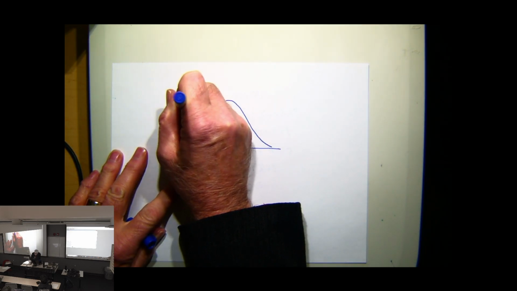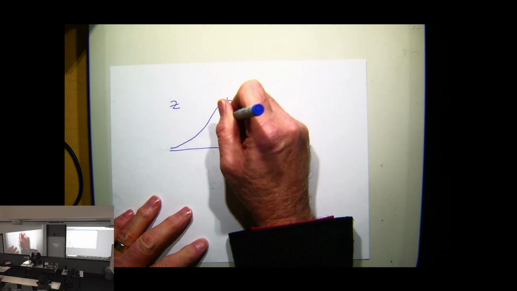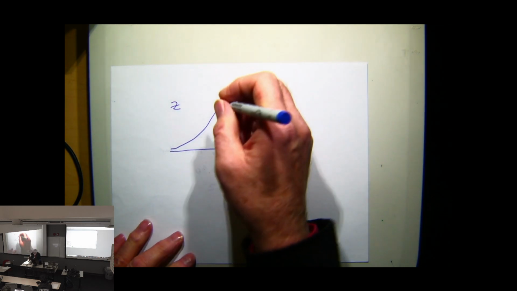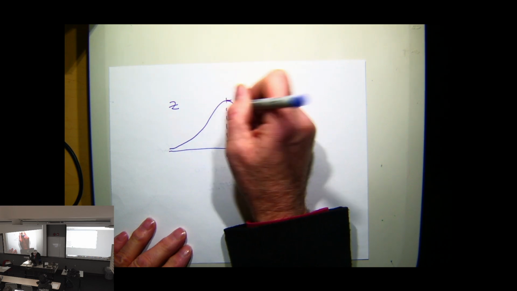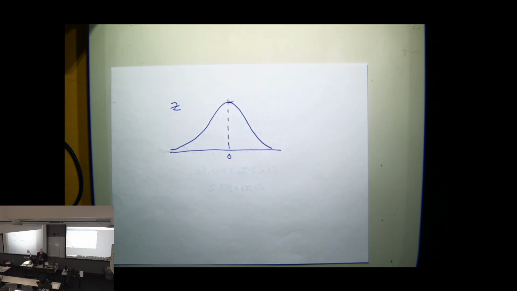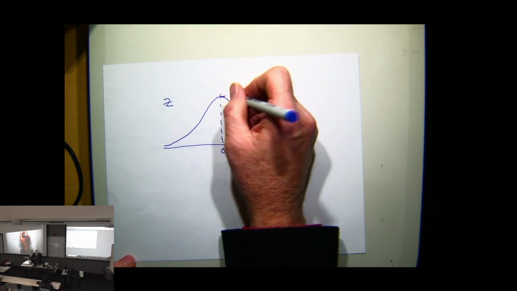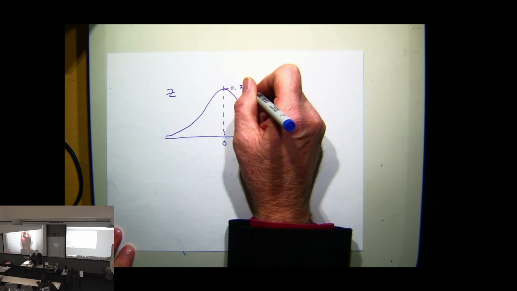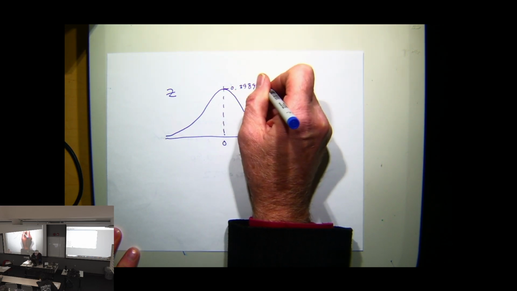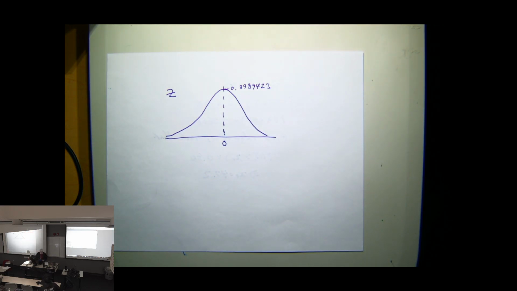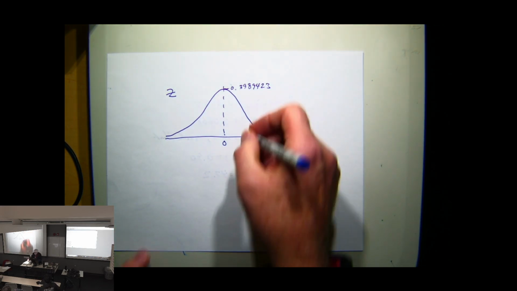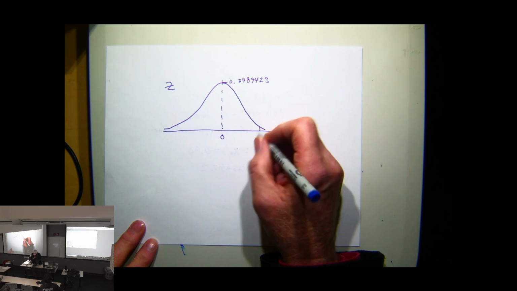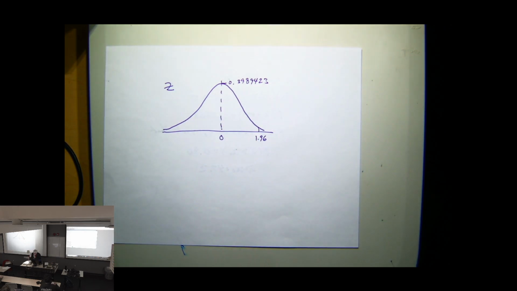There was my standard normal distribution. Mean is 0. What this is telling us, at 0, the value of the density function is 0.3989423. And when we went to 1.96, which is about 2 standard deviations out, about here, this was 1.96.